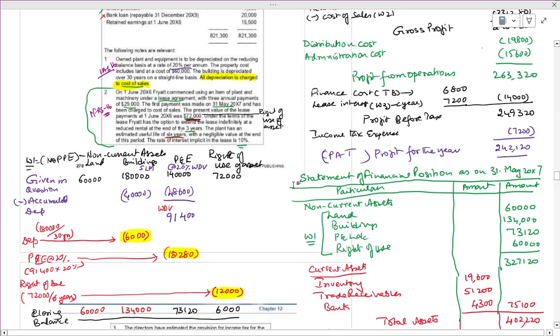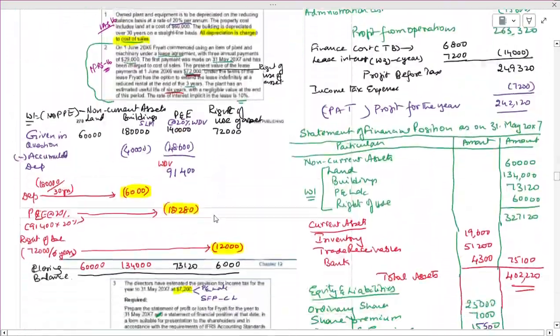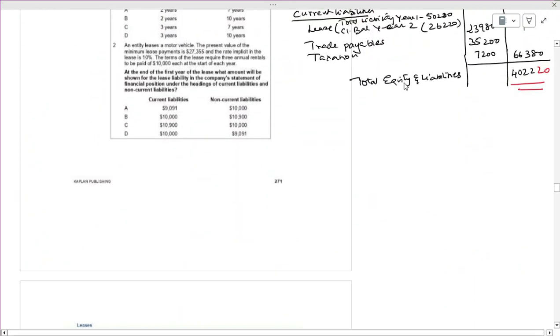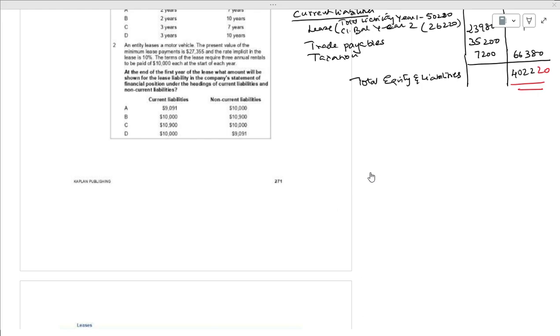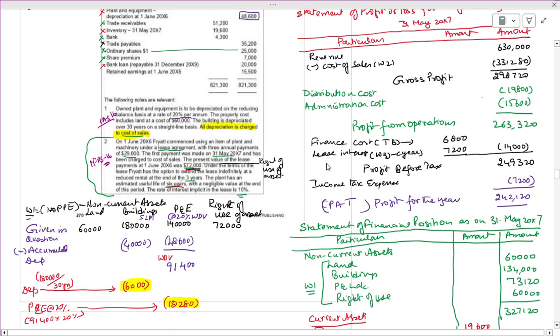Is it visible to you? See, point number 2. Very simple, very straightforward. The exam is not going to be this much.